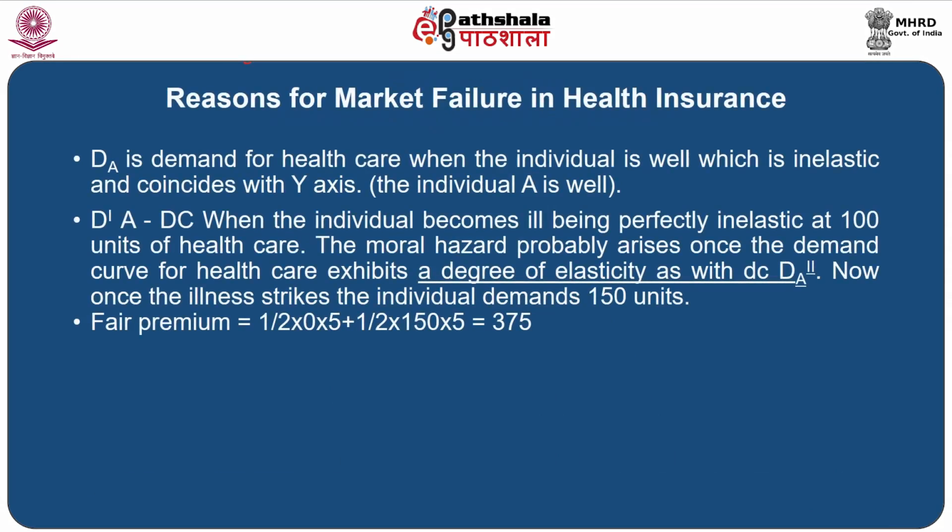DA is the demand for healthcare when the individual is well, which is inelastic and coincides with the y-axis. The individual A is well. D-A is the demand curve when the individual becomes ill, being perfectly inelastic at 100 units of healthcare.